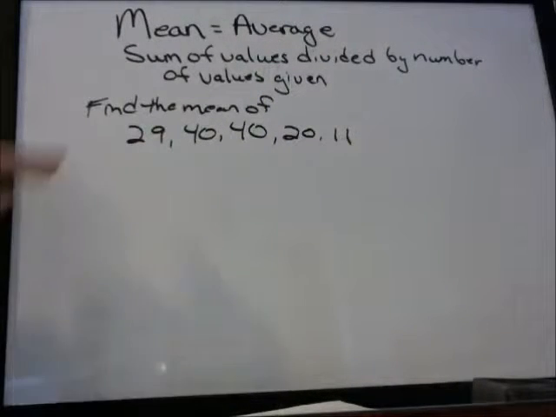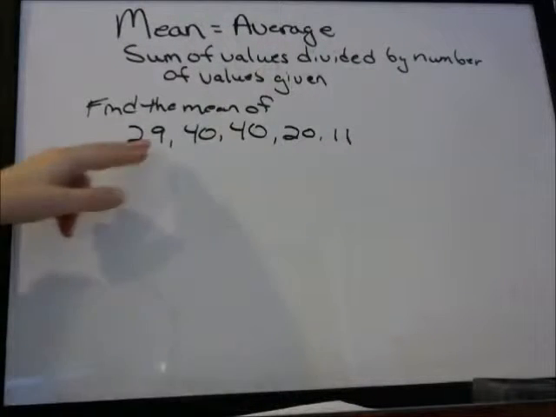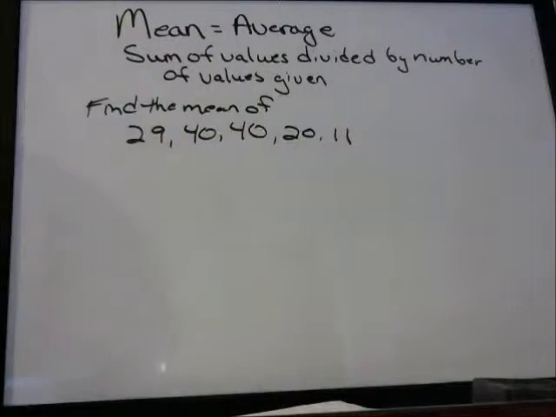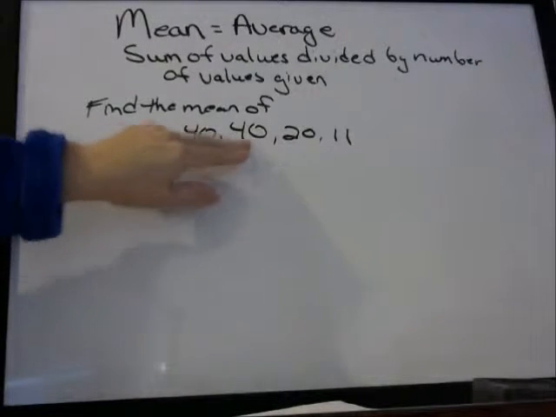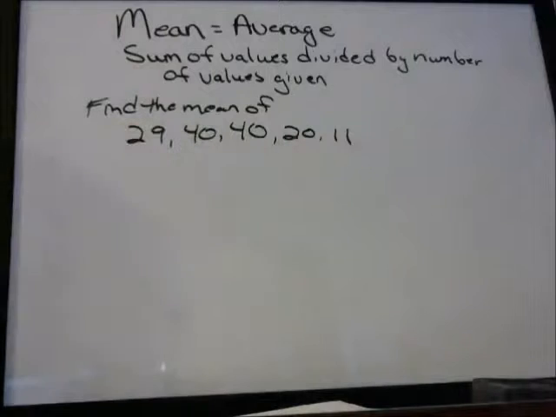What's the mean of these numbers, or the average? What we're going to do is add all these up and divide by how many there are. How many numbers are there? 1, 2, 3, 4, 5.